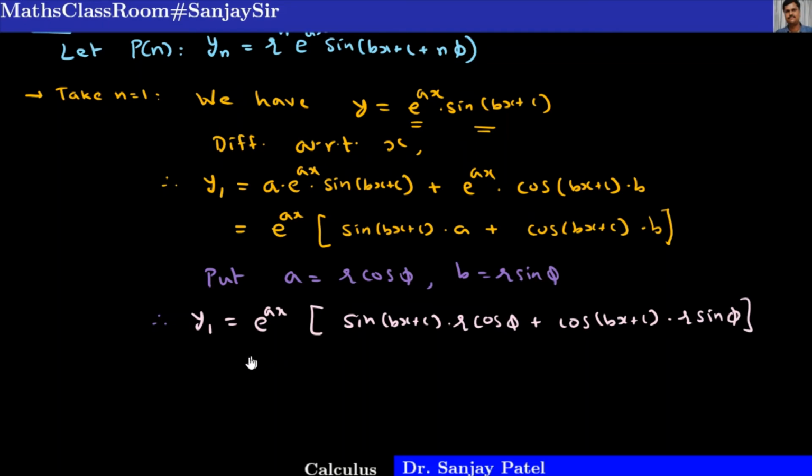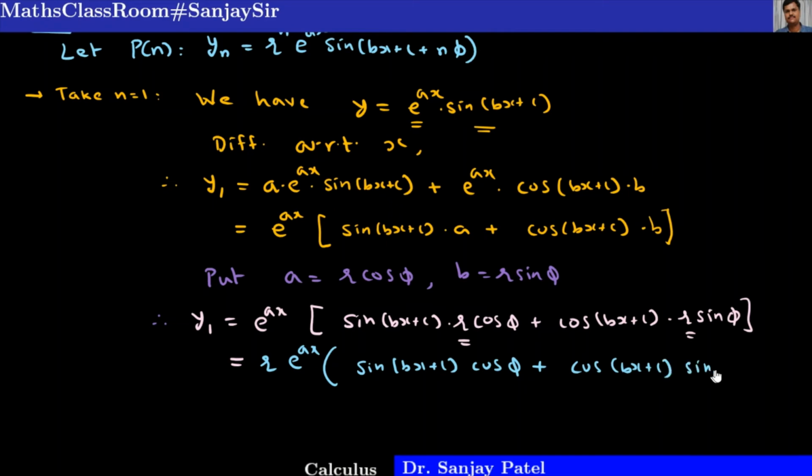Okay, so this gives me, again you can see here r is common in these two places, so we can rewrite this as y1 is equal to r into e raised to ax into sine bx plus c into cos phi plus cos bx plus c into sine phi. Now you can immediately point out that this bracket quantity is nothing but the formula of sine alpha plus beta.